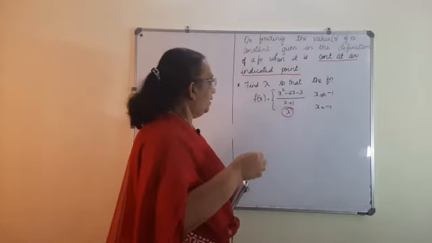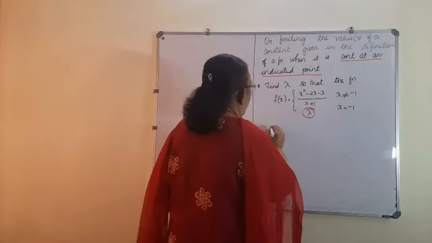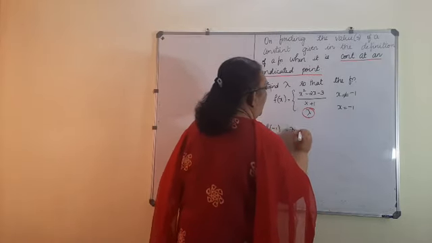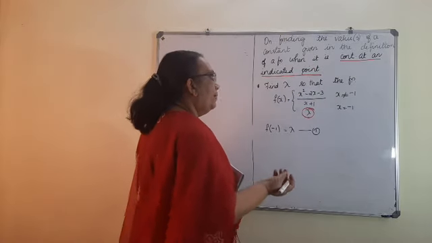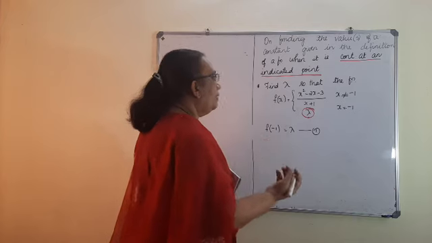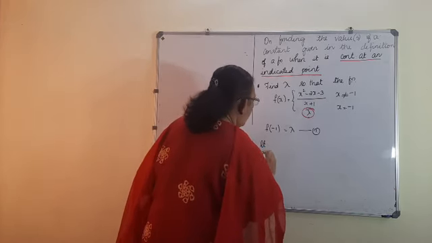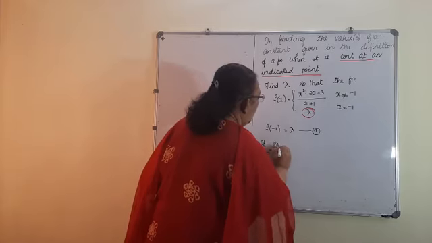Now, let us see. At the point, you have to check minus 1. So, f of minus 1 is equal to lambda. Not equal to minus 1, it can be the left limit or it can be the right limit. Limit of x tending to minus 1 minus f of x. So, what did I take?